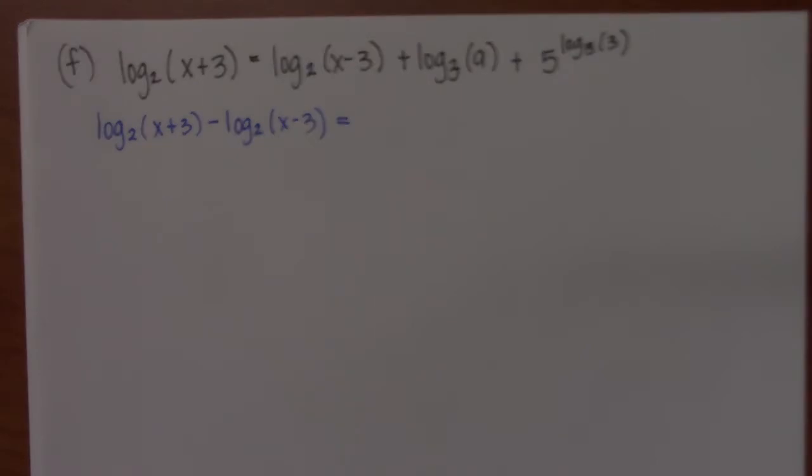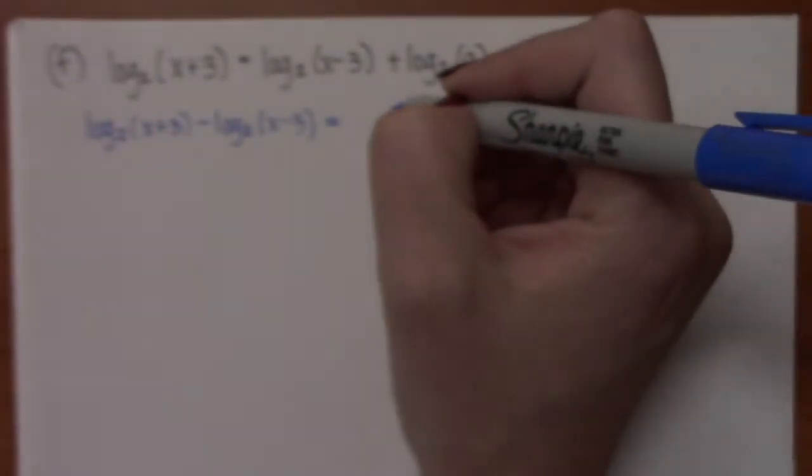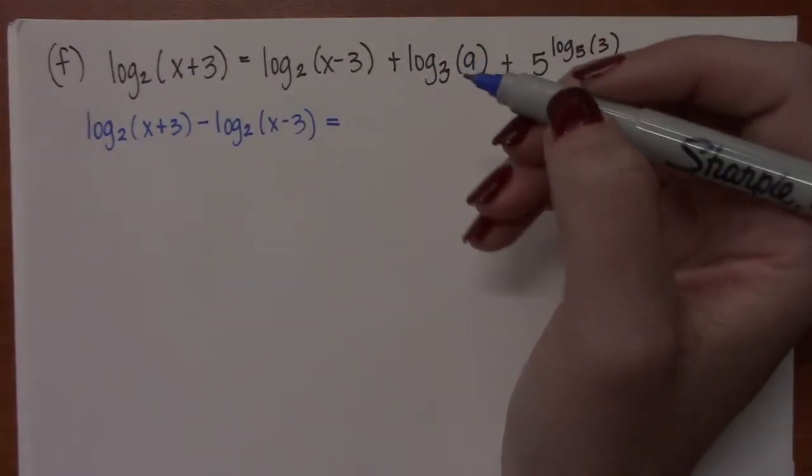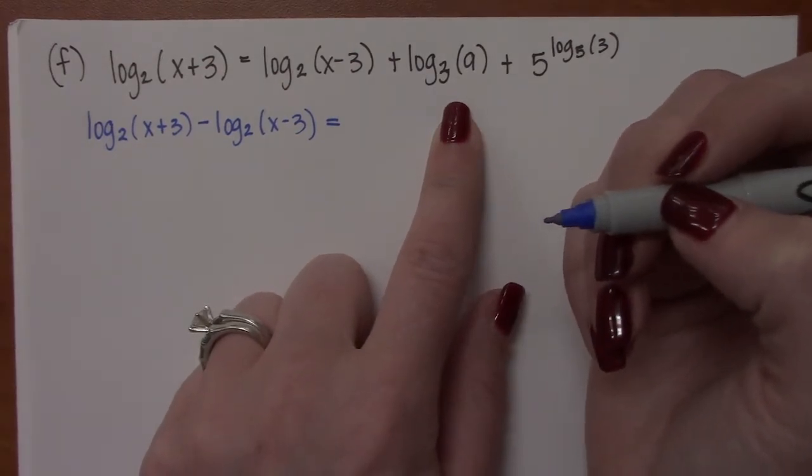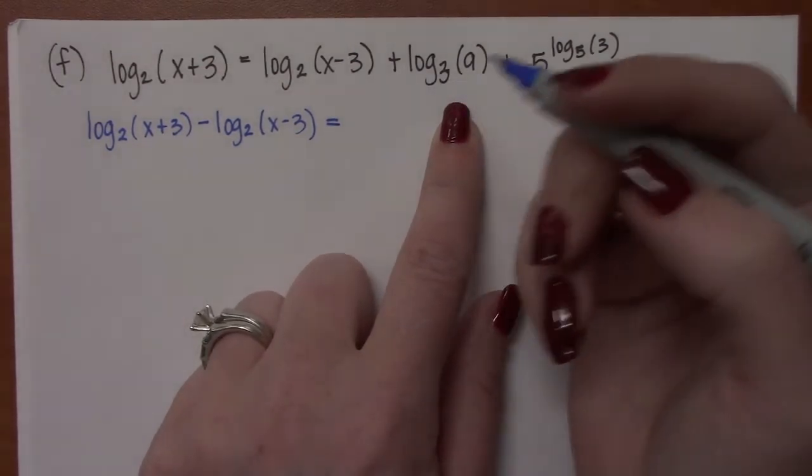Then what is log base 3 of 9? Well, 9 is 3 squared. So log base 3 of 3 squared is just going to be 2, right?